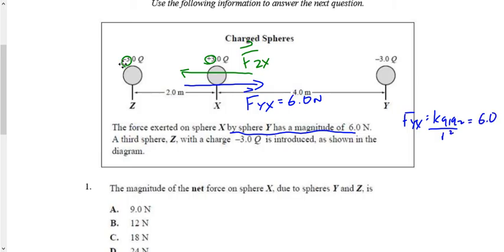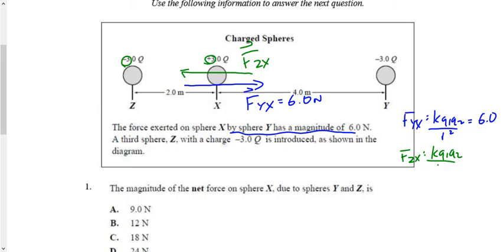And then I said Fzx is equal to k times, well, the charges are the same, right? We're not talking about new charges here, we're talking about the same charges. We're not upping or decreasing the charges, but we are changing the distance that separates them. For Fyx, the distance was 4 meters. Now for Fzx, the distance is 2 meters.